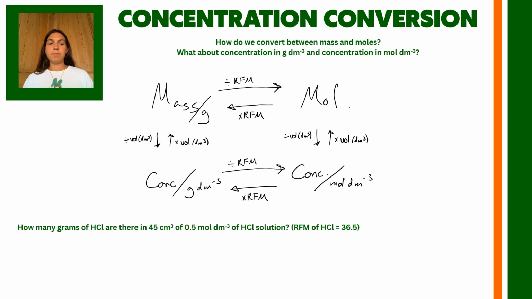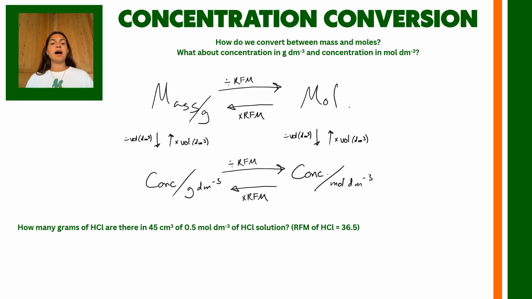Okay. Easiest with an example. So how many grams of hydrochloric acid are there in 45 centimeters cubed of a HCl solution that has a concentration of 0.5 moles per decimeter cubed? First thing I'm noticing here is I'm going to need my concentration and my volume to be in the same units.